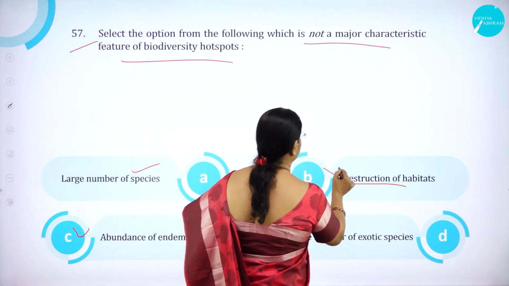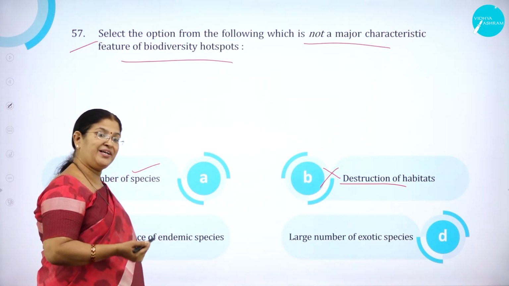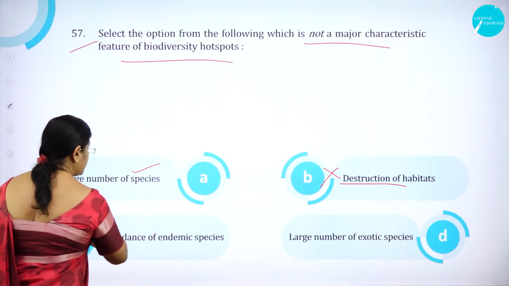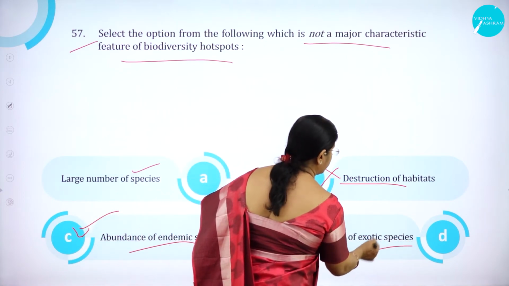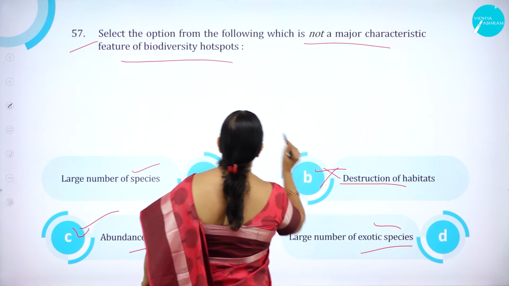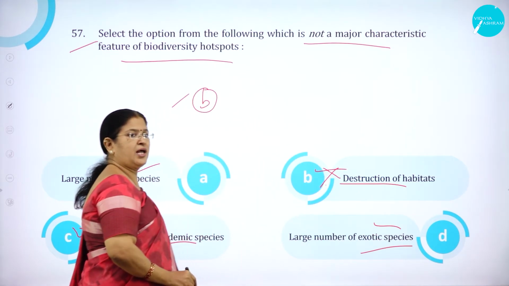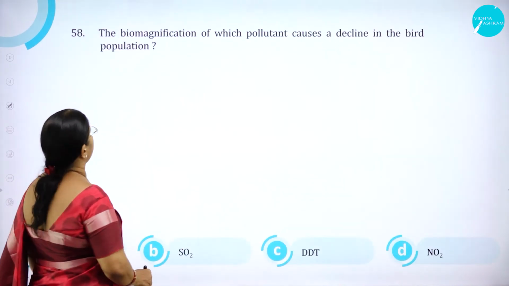Destruction of habitats is wrong. There the habitats are maintained, and that is the reason why there is species richness. Abundance of endemic species, correct. Then large number of exotic species, yes, correct. So the one which is not a major characteristic is B. That is, destruction of habitat is a wrong characteristic feature of biodiversity hotspots.